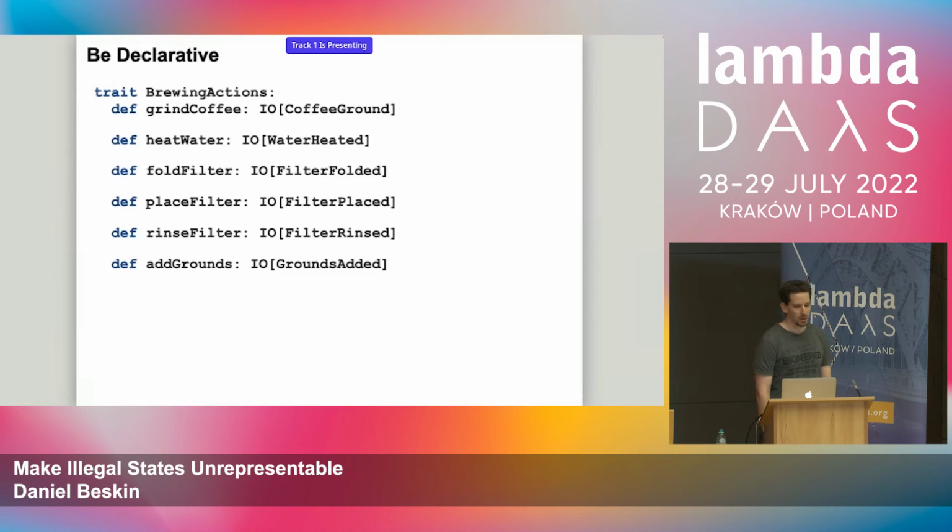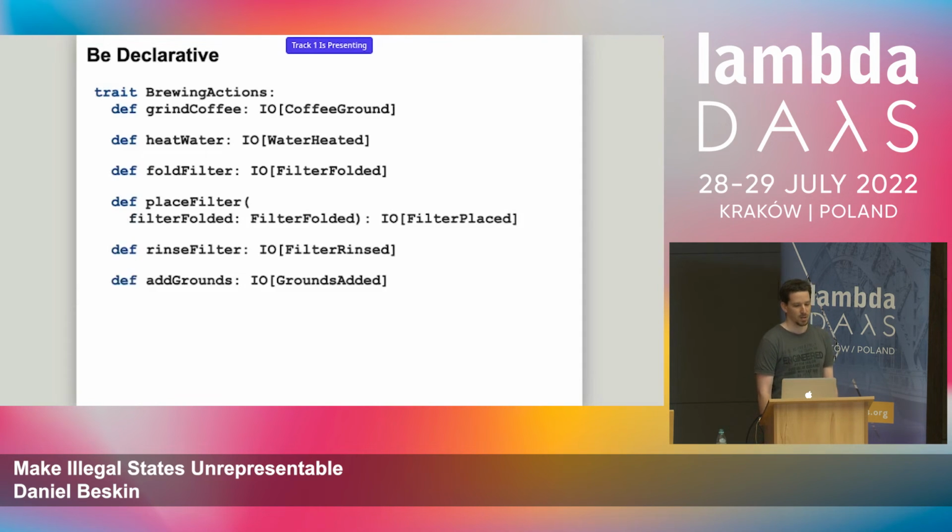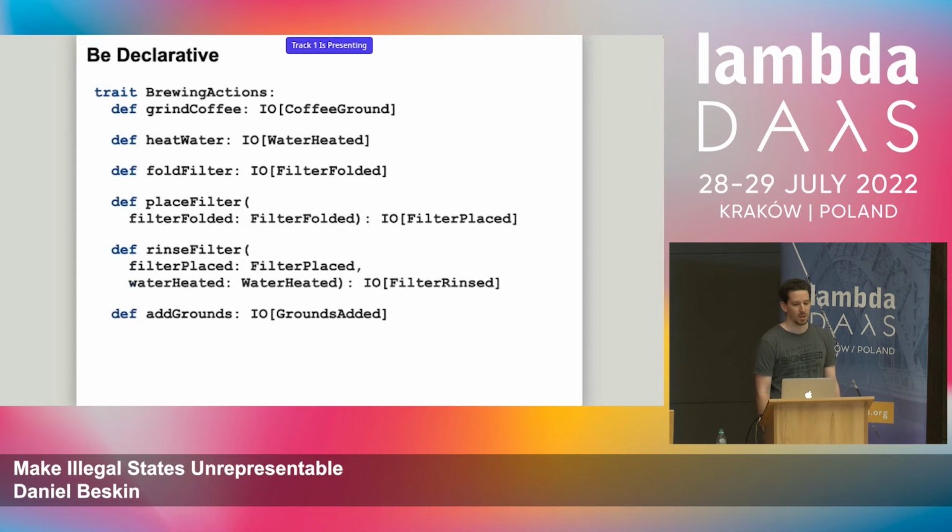And we're not done yet. We do have various prerequisites. There's some ordering that has to go on here that is otherwise illegal. So we're going to define prerequisites as function arguments. Placing a filter cannot occur unless the filter was folded before. So we make it explicit in our function by requiring an argument that the filter was actually folded. The same thing goes for rinsing the filter, which cannot happen unless the filter was placed and the water was heated.